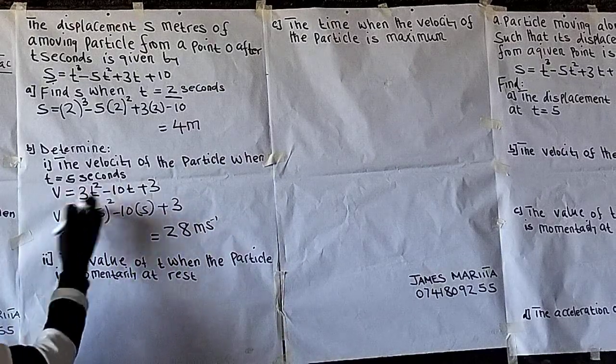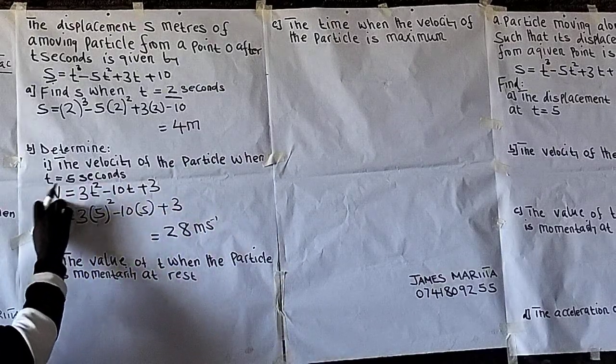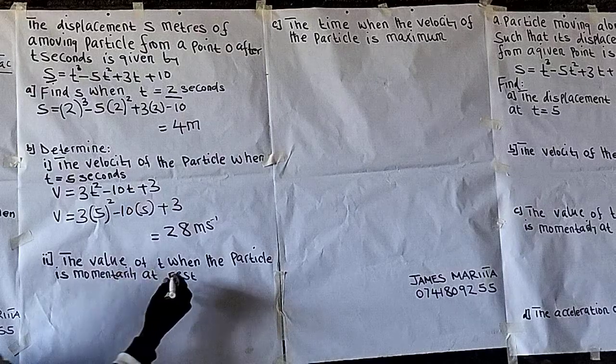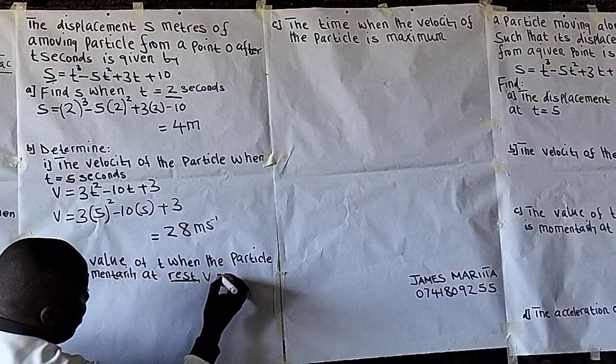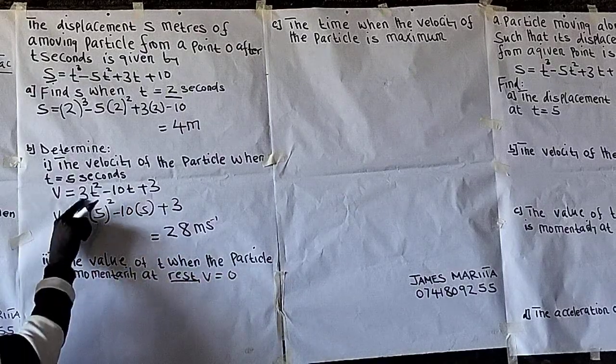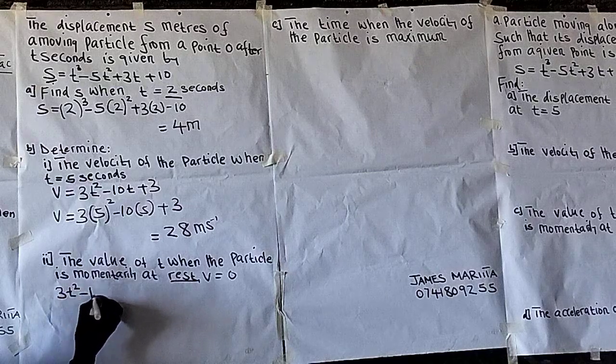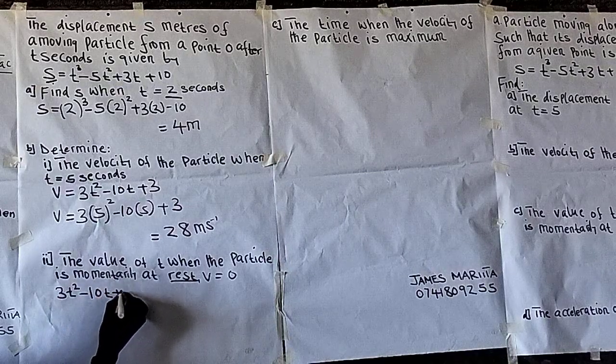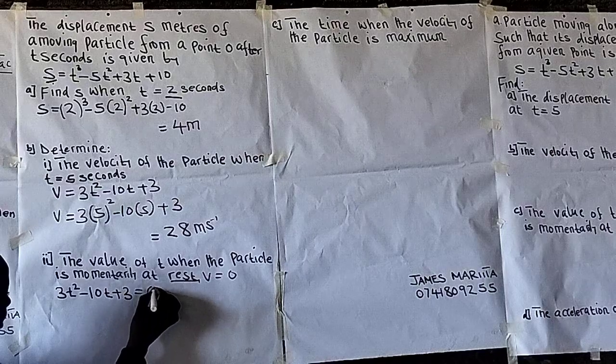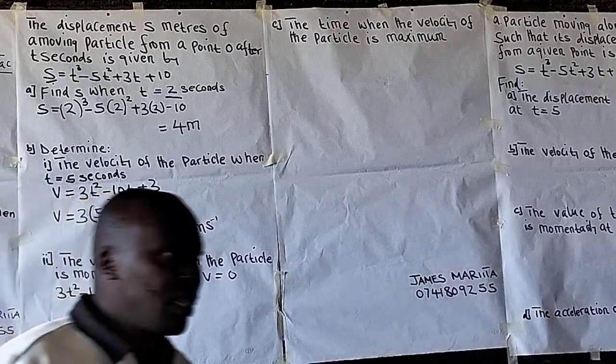So v equals 0. So from here, 3t squared minus 10t plus 3 will give us 0.